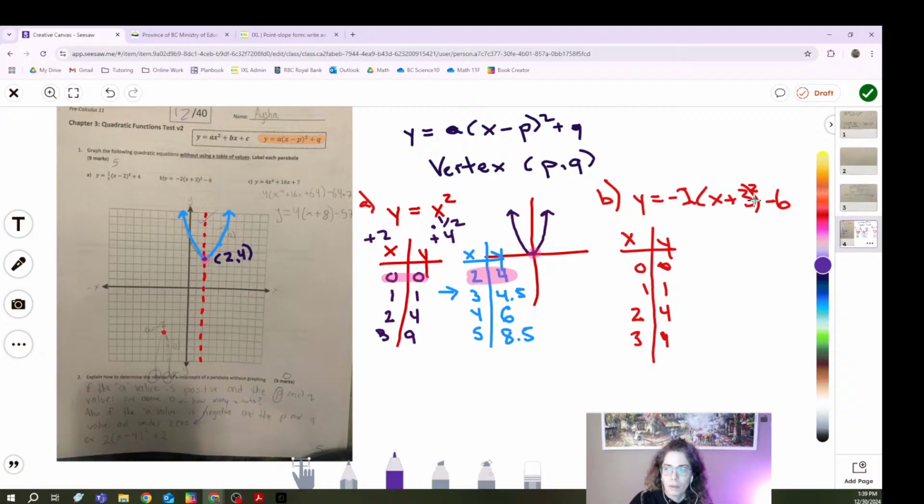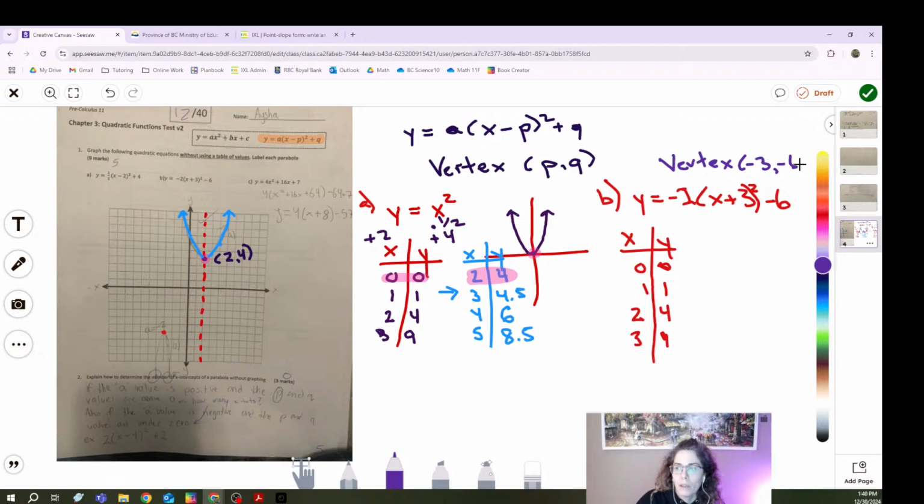What was your shift on the x? Because you got to your vertex. What are the coordinates of your vertex? Yeah. So you shifted your origin from 0, 0 to -3, -6.